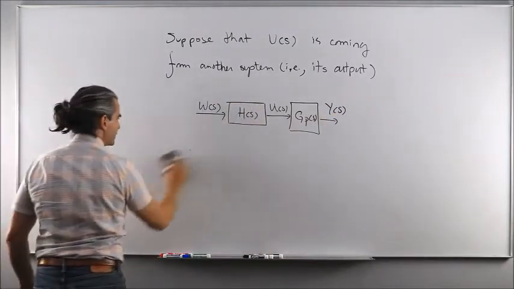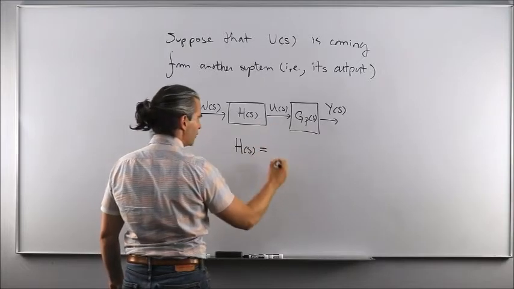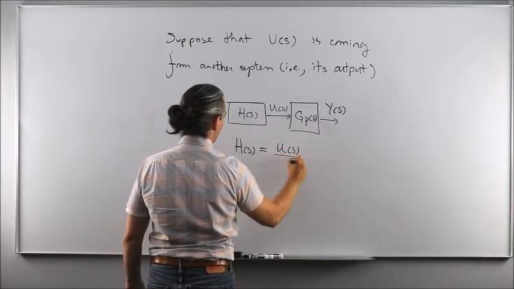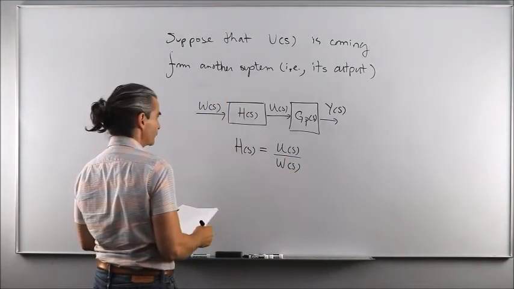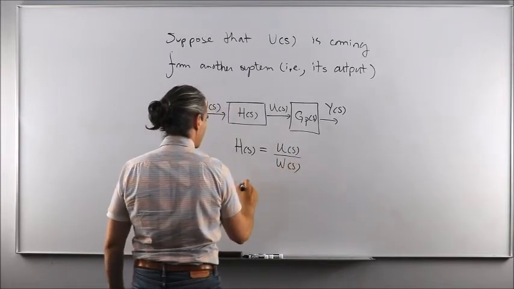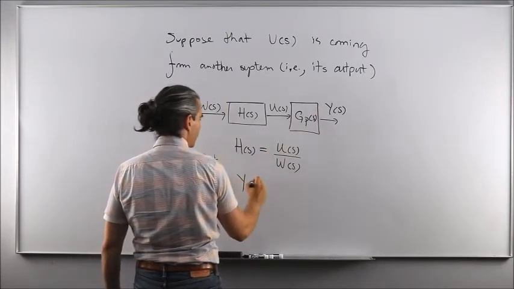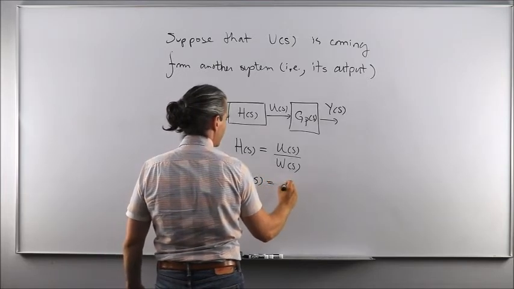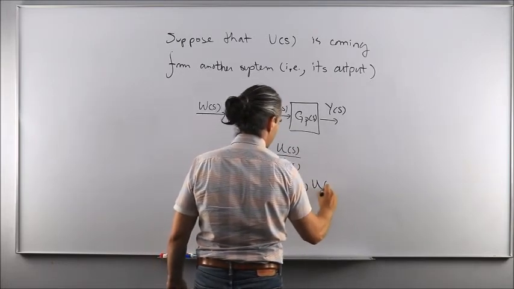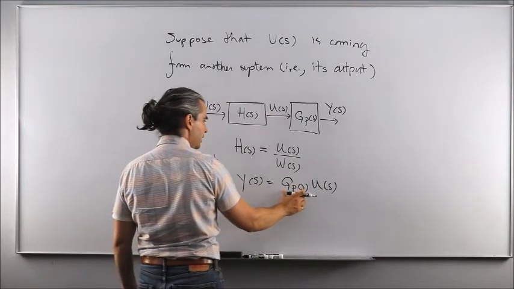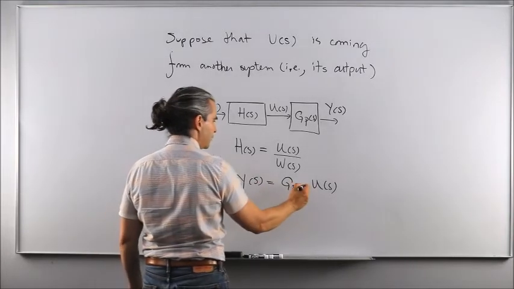Which means that H of S, in terms of transfer function representation, will be obtained, as usual, with the output over its input, W. But we know from before that the output of our plant, Y of S, was obtained from the transfer function that multiplies the input, U of S. Remember, because GP had been said to be Y of S over U of S. So solving that for Y of S gives you that relationship.